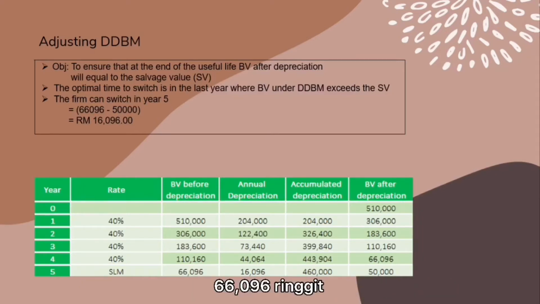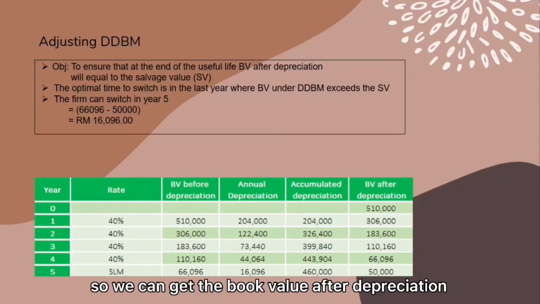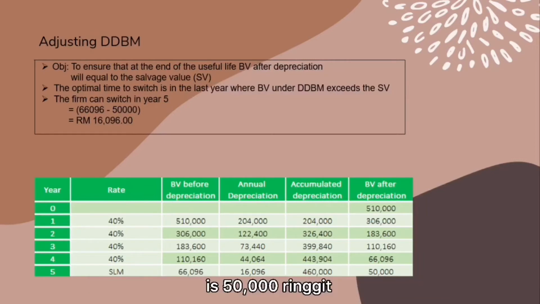So 66,096 ringgit minus 50,000 ringgit. So we get the amount of 16,096 ringgit. After adjusting the annual depreciation to the new amount, we get the book value after depreciation of 50,000 ringgit, the same as the salvage value amount.